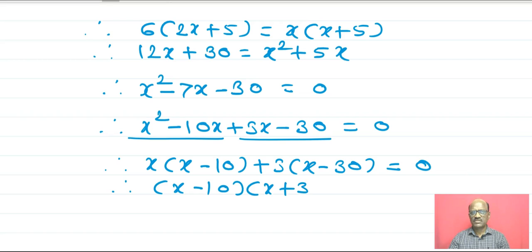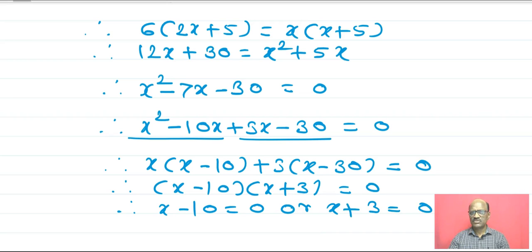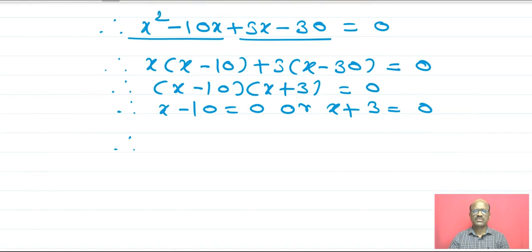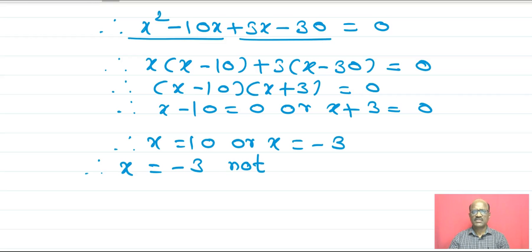From the first two take x as common, from the last take 3, and therefore x minus 10 is equal to 0, or x plus 3 is equal to 0. x is equal to 10 or x is equal to minus 3. And hence x is equal to minus 3 is not possible. Therefore x is equal to 10.